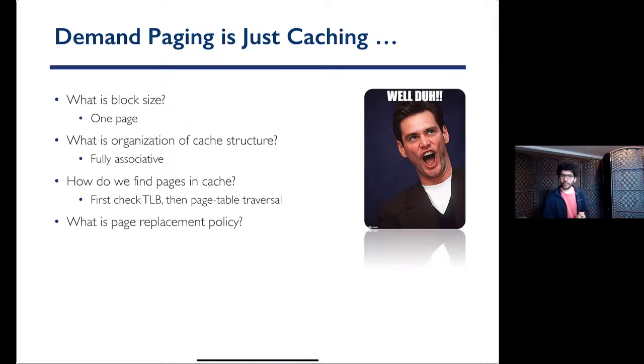What is the page replacement policy? If you remember, this is the one thing that I said we're going to talk about when we talk about demand paging. Here it comes. In caches in processors, for eviction, we could have evicted randomly, or we could have evicted based on some algorithm. Now, what is the replacement policy here?